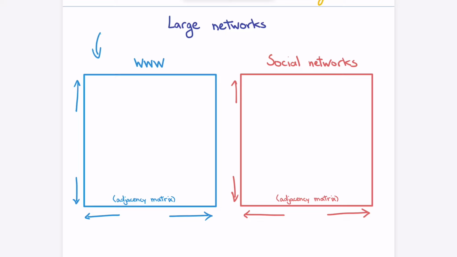I don't know the actual count. It'd be the number of websites, and then you just have some 1-0 matrix keeping track of who links to who. Websites will be asymmetric. Social networks can also have an adjacency matrix. What would be the dimensions of social networks?